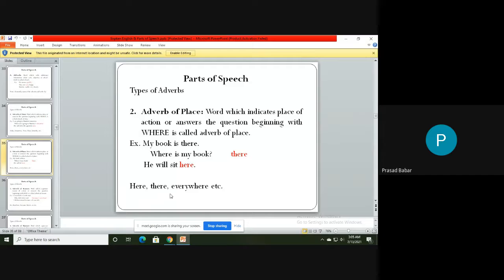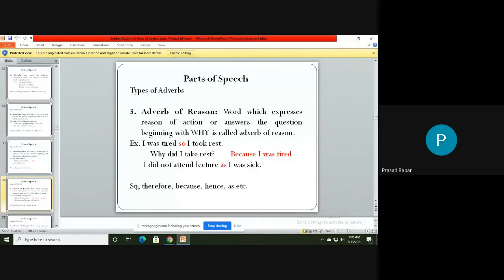There are more examples of this adverb, and these are here, there, everywhere, etc. Beyond these, there exist more examples also. So this is about the adverb of place.